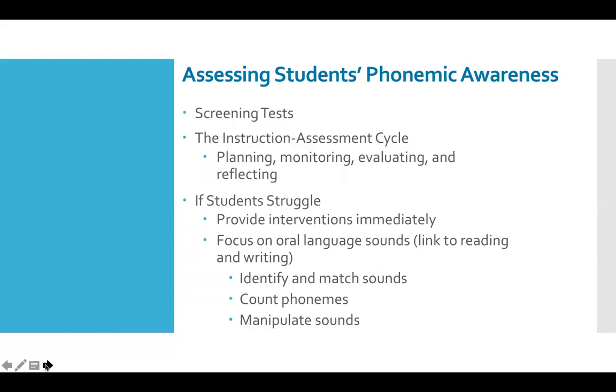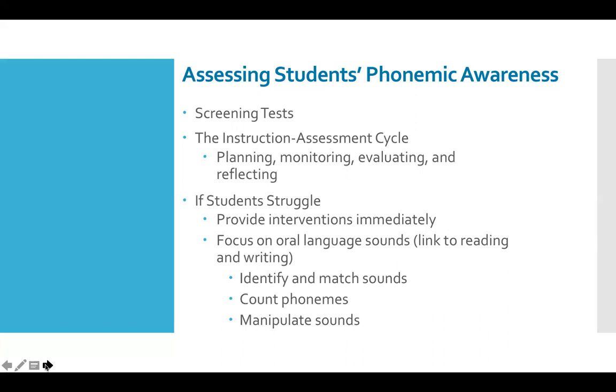Children need to learn to manipulate words orally before they begin phonics instruction, and assessing their ability to manipulate words orally is crucial. In screening tests, teachers administer one of several readily available phonemic awareness tests to screen children's ability to use phonemic awareness strategies before instruction.